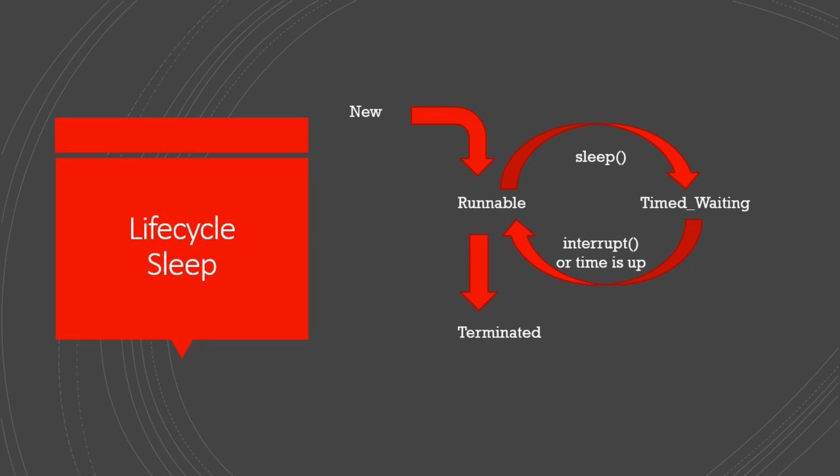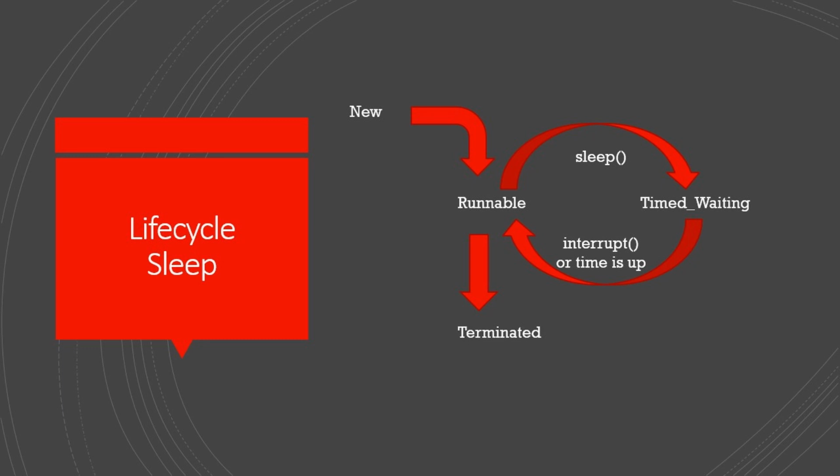The thing that you need to remember here is that when you call that sleep method on a thread, that thread gets put in a timed waiting state, right? So your thread will be waiting until the timer runs out. If you call it for 500 milliseconds, it'll wait for 500 milliseconds and then start running again.